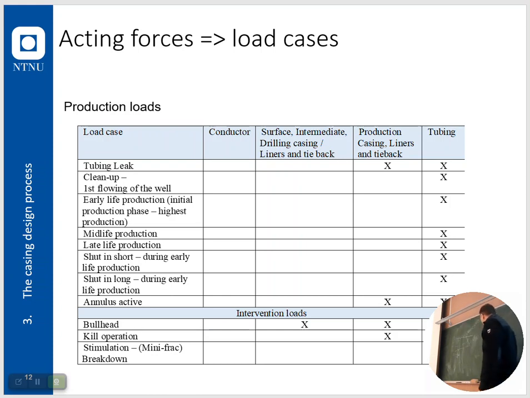Say that this is 150 degrees Celsius. Then typically, if it's a high rate well, it will be 100 to 145 degrees Celsius on top, right? Which is going to give high thermal stress in this case.